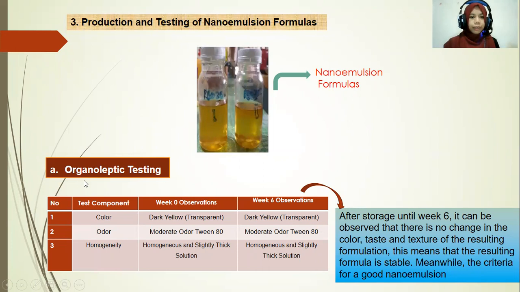For the testing, first is organoleptic. With 10 respondents, we get the results about color, odor, and homogeneity from week one until 6 weeks of observation. There is no change in the color, odor, and texture of the resulting formulation. This means that the resulting formula is stable.